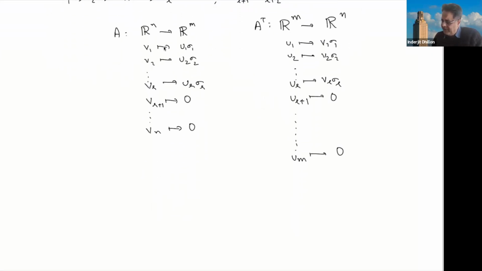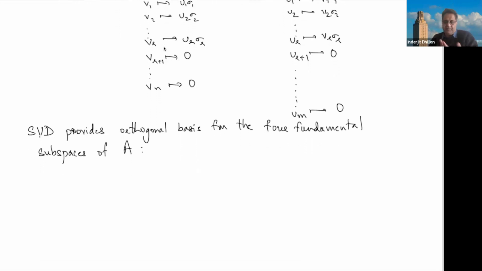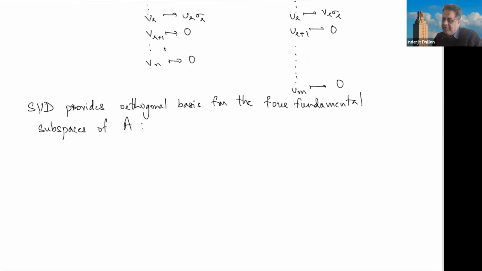So the beautiful thing that the SVD does is it provides a very special, sorry, my r is a little funky, it provides an orthogonal basis for the four fundamental subspaces of A. And what are the four fundamental subspaces? Some of you might have seen this in your linear algebra class.